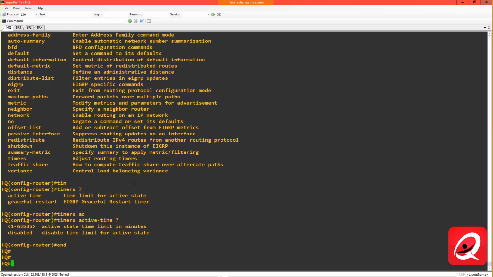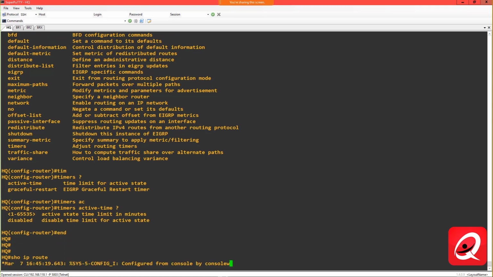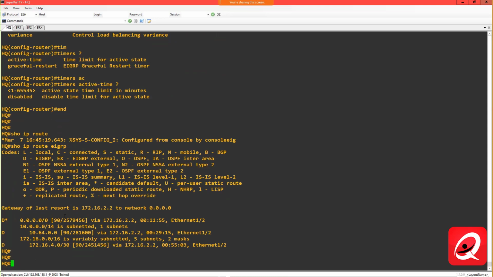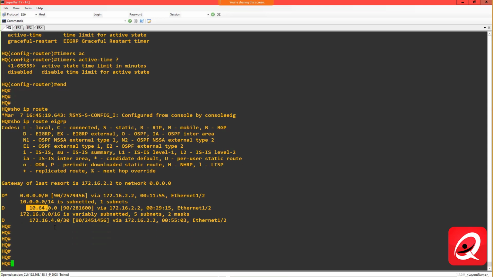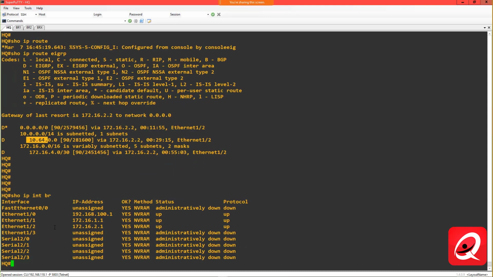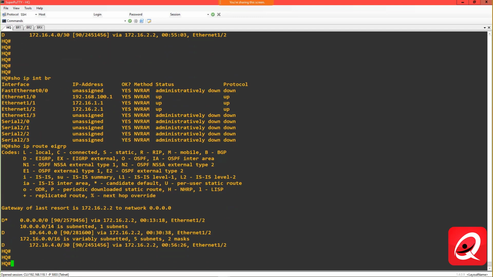So if I go to my HQ router and do a show ip route eigrp, I can see that there is, in fact, a seed metric. We'll go to the bottom one here. Why am I not seeing 2.2? Show ip interface brief. I'm wondering why I'm not seeing that on BR1.